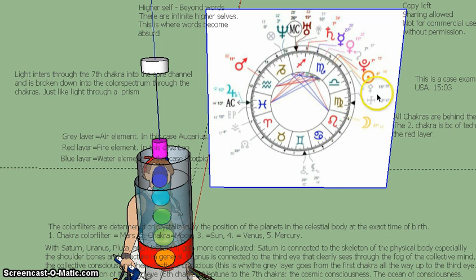Yeah, so this is Leo. This is the symbol for Leo, and it's connected, in this case, to the second chakra, and it's the fire element, hence the color red.